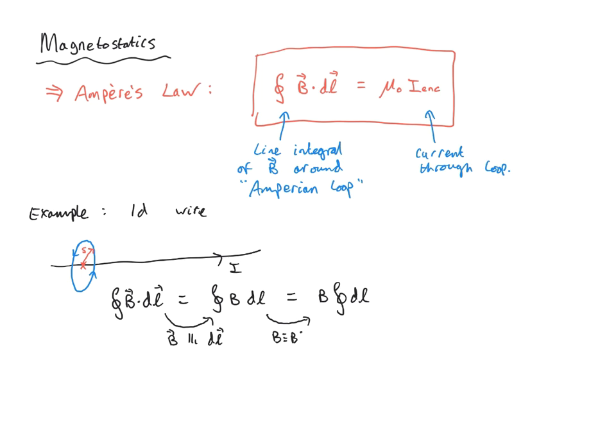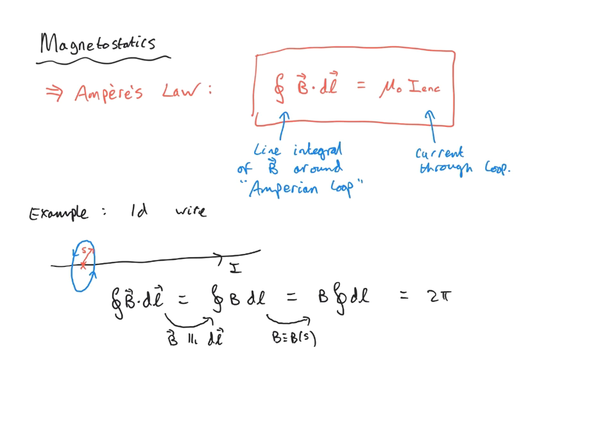So the fact that the magnitude of the magnetic field only depends on the radial distance from the 1D wire by cylindrical symmetry means that it's constant for a circular loop. And then we're just left with the line integral around a circle, and we all know how to do that.